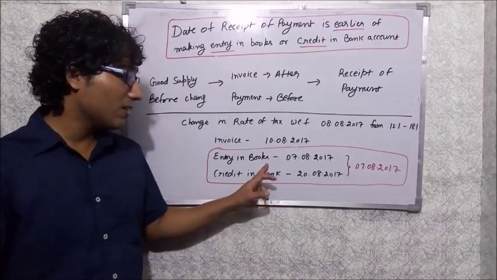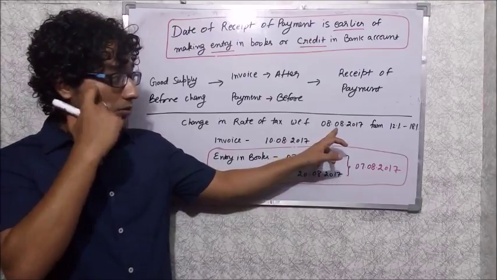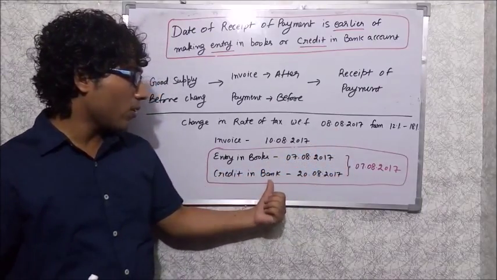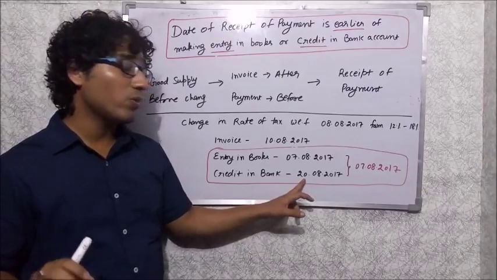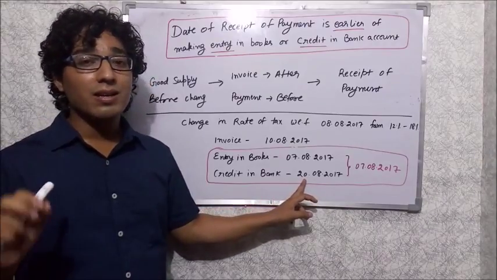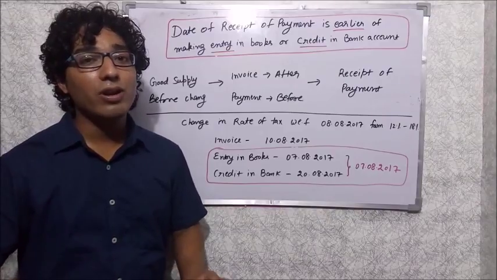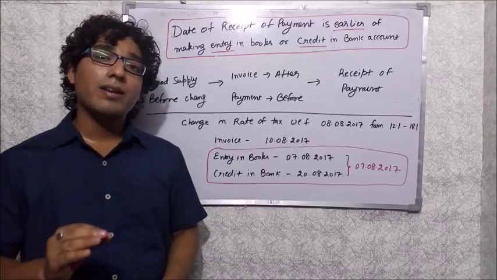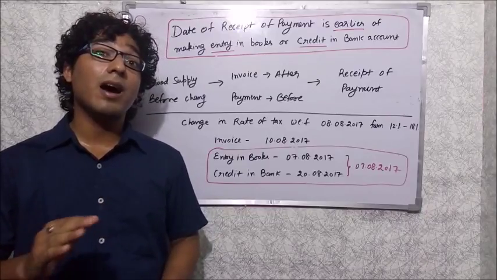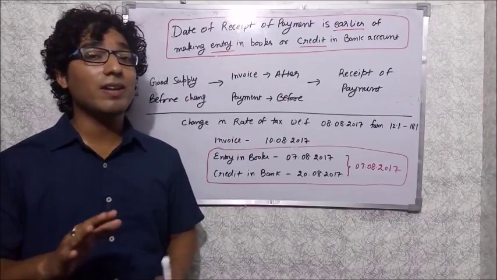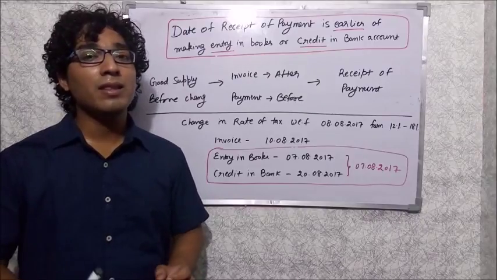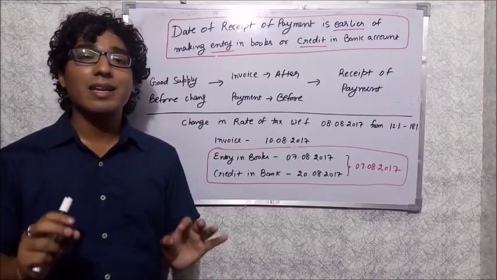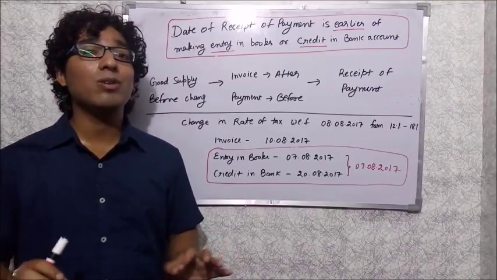So in our situation, because there is a change in effective rate of tax with effect from 8th August 2017 and the amount is credited into his bank account on 20th August 2017. Now we know, according to the rule, when there is a change in effective rate of tax and the amount is credited after 4 working days from the date of change, then the date of receipt of payment by the supplier will be the date when the amount is credited into his bank account.